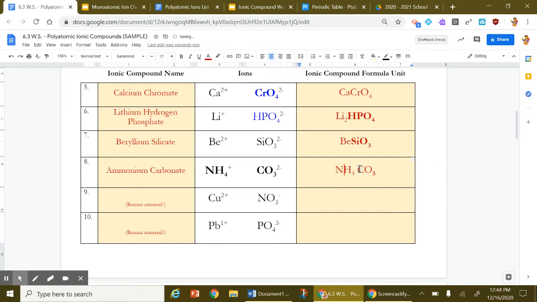That is what you're not going to do. To tell me that you have 2 ammoniums, here's what you do. Are you ready? You put NH4 in parentheses, and then you give it a 2 on the outside. If this is 1 ammonium, then 2 ammoniums is that doubled. You don't distribute this 2 in. Again, this is not N2H8. It is NH4 in parentheses, 2, and then a single CO3.